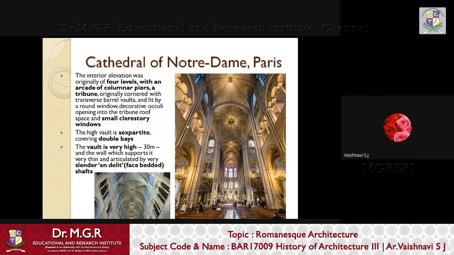The vault used here is a six-part vault, and it has double bays. The vault was very high, usually 30 meters high, so when you enter this building, you can find the massiveness of the building.